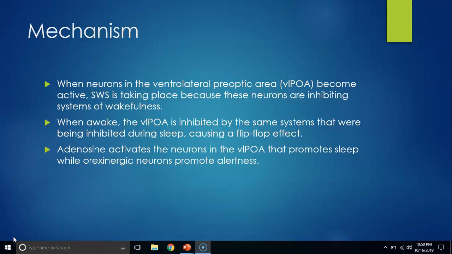When awake, the ventrolateral preoptic area is inhibited by the same systems that were being inhibited during sleep, causing a sort of flip-flop effect. When one's going on, the other one's inhibited, and vice versa. Adenosine activates the neurons in the VLPOA that promote sleep, while orexinergic neurons promote alertness.